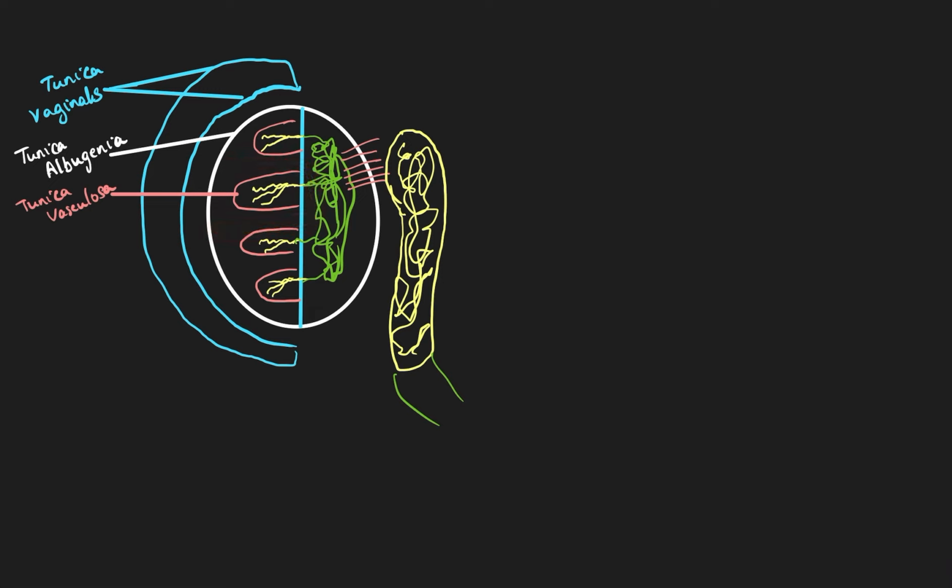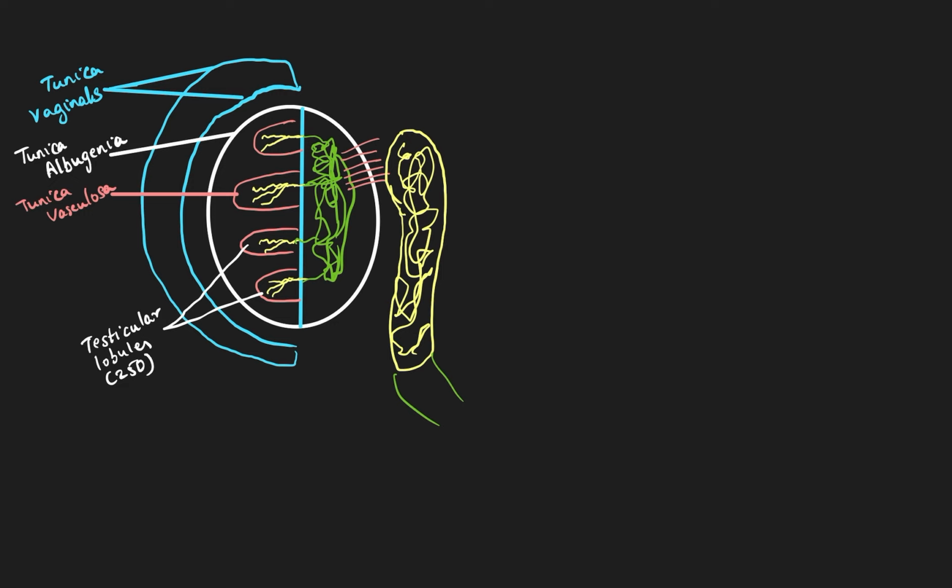We have around 250 of them. These are known as testicular lobules. They are around 250 in number.